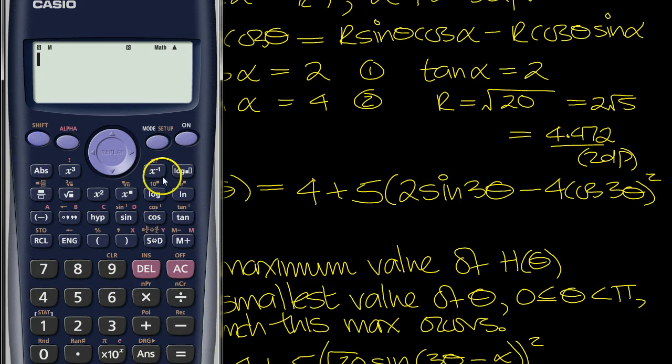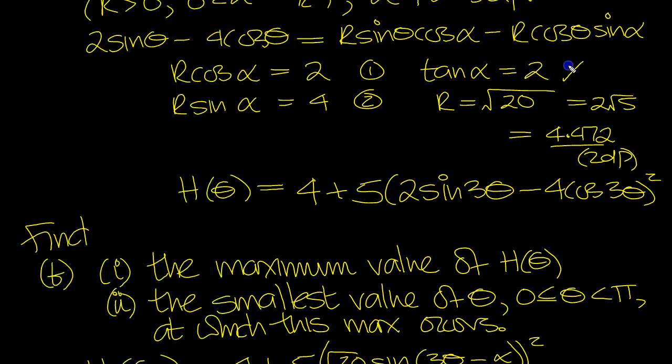So shift tan 2 is 1.107. Better put that in because that's what it asks for, to 3dp, not r.